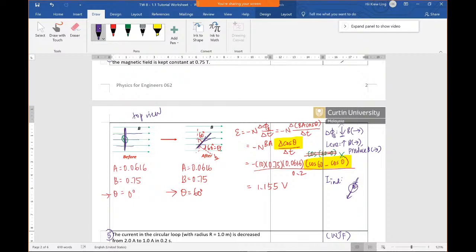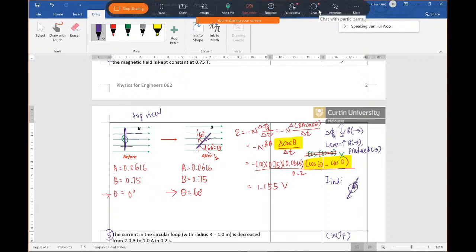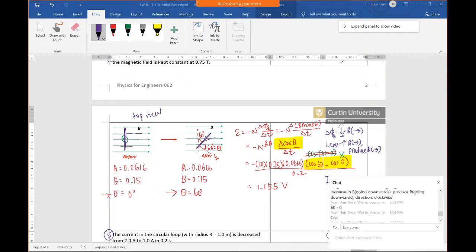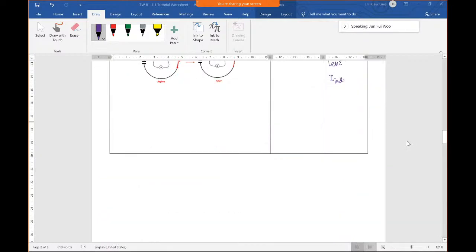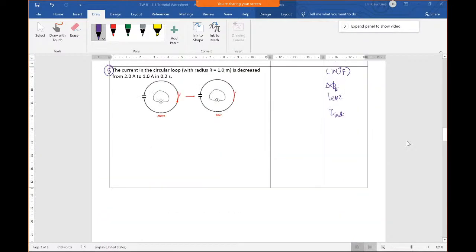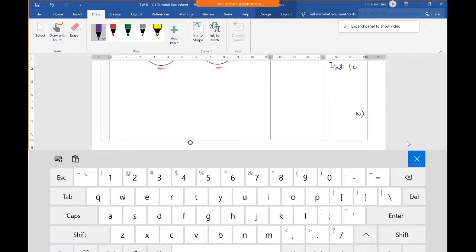Okay, so Junfui has already mentioned the correct answer. The direction is clockwise. So it is clockwise, yeah? So we shall go through together how to get this.